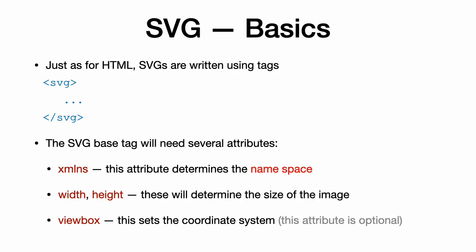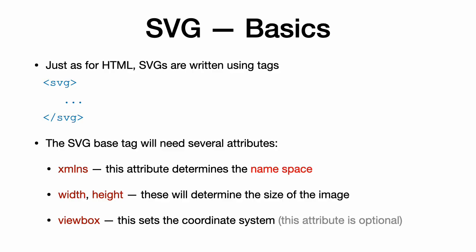The first attribute is called XMLNS. This attribute determines the namespace. I will not try to explain this here. The easiest way to use this is to simply copy the line with XMLNS specification for this attribute that I gave you in the instructions.